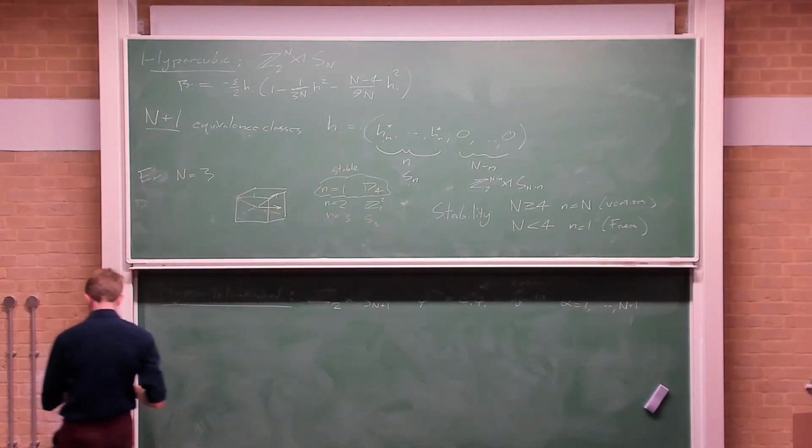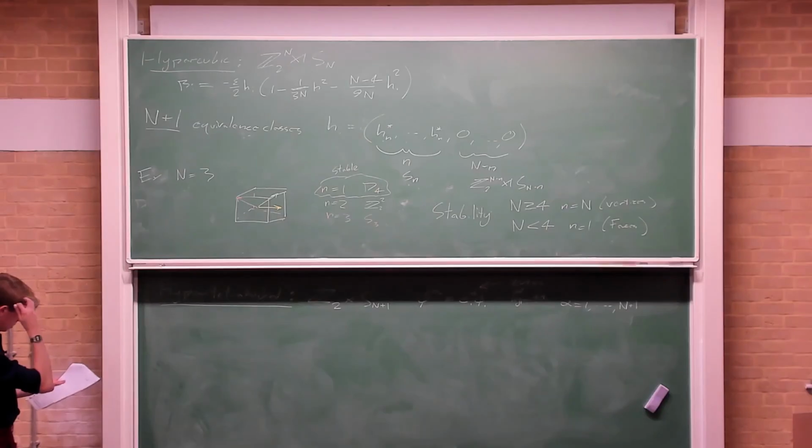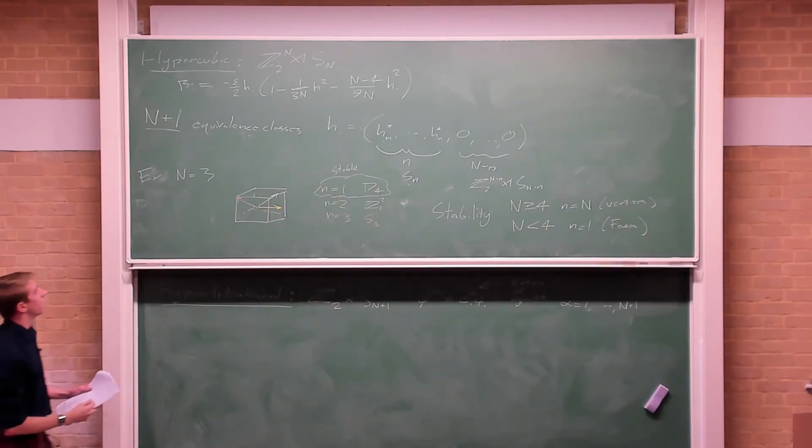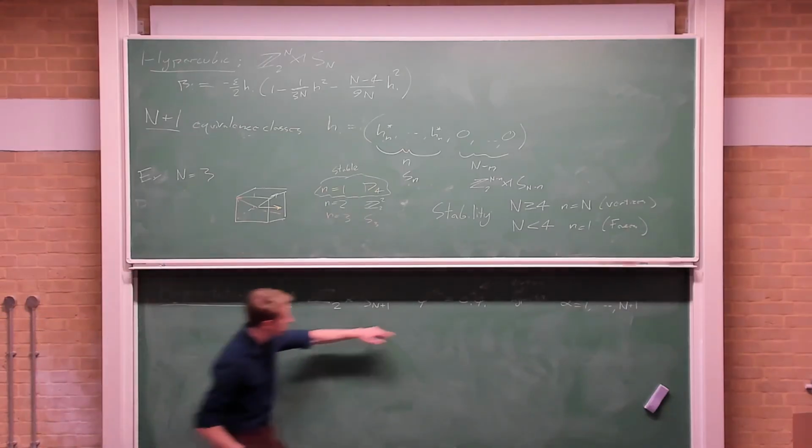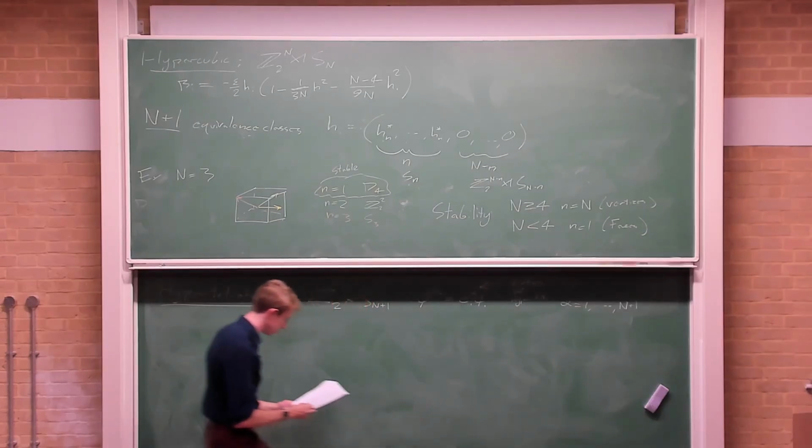And what one finds after doing some work, the beta function is much more complicated, so I won't write it down, but you can write it down in terms of these e vectors.